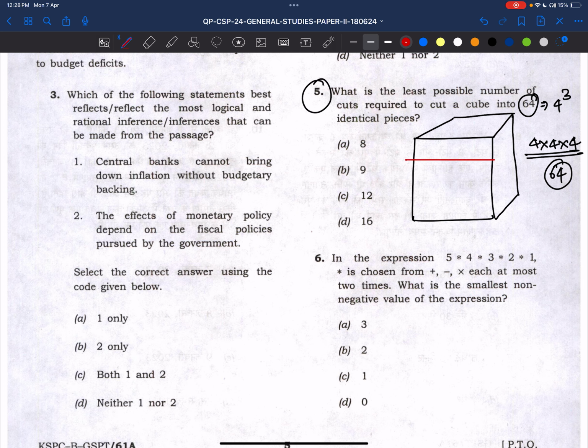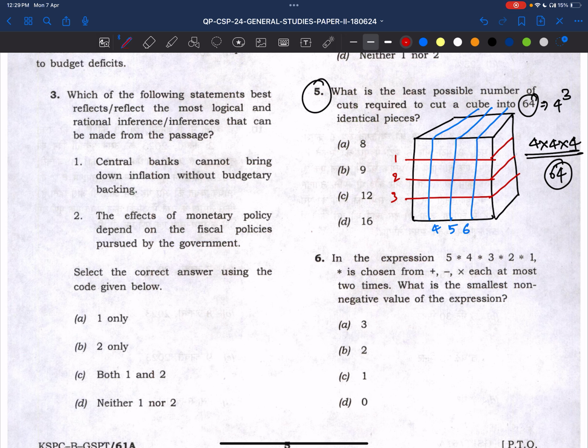That means how many cuttings we need? See, 1, 2, 3 on this face. Right? If we cut horizontal, it will cut this way also, right? So 1, 2, 3 cuttings. Next, see vertically 1, 2, 3, 4, 5, 6. Right?